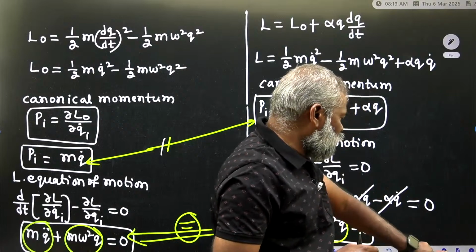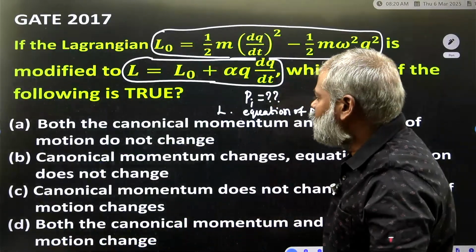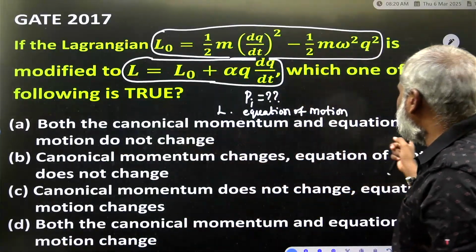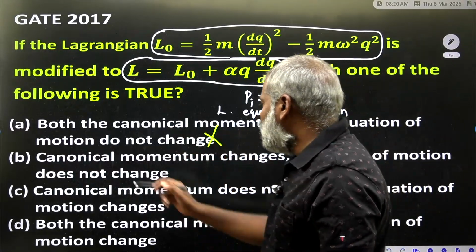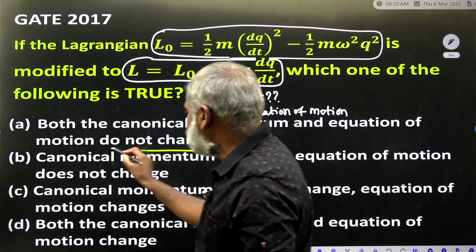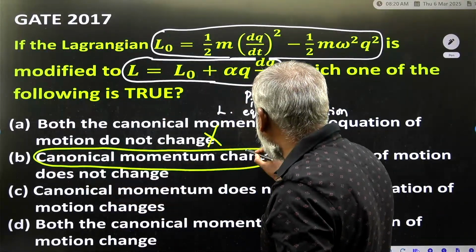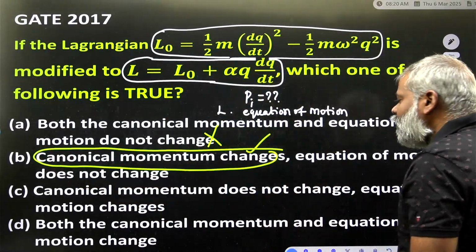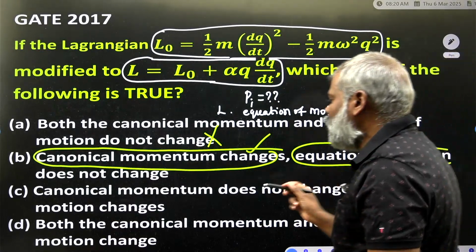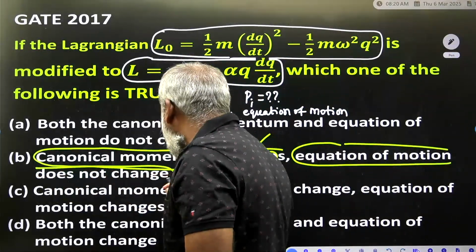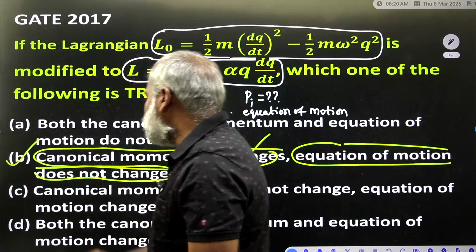So therefore let us see the options. Both canonical momentum and equation of motion do not change: not correct. The canonical momentum changes and the equation of motion does not change: this is correct. So option B is correct.